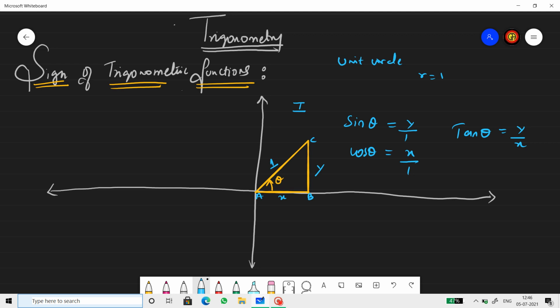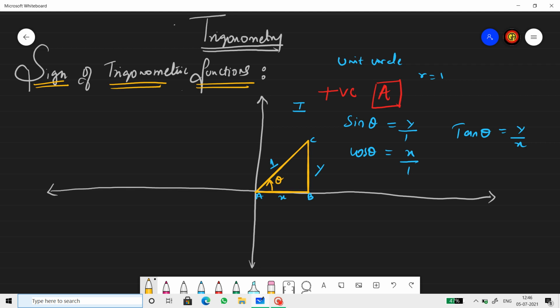Hence, the remaining 3 will also be positive. So all trigonometric functions are positive in the first quadrant. Alright, so we represent it by letter A, since all trigonometric functions are positive in the first quadrant.